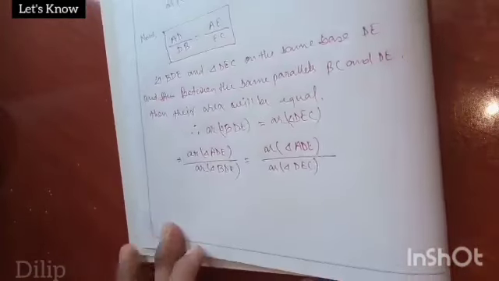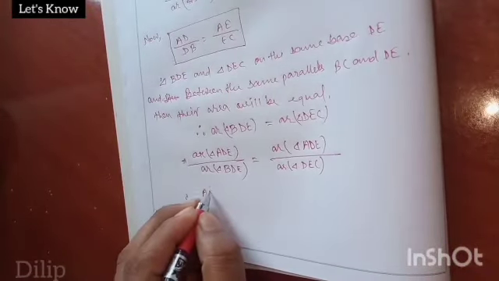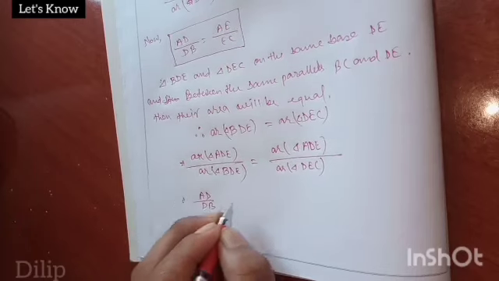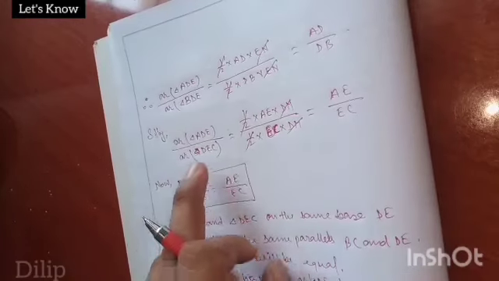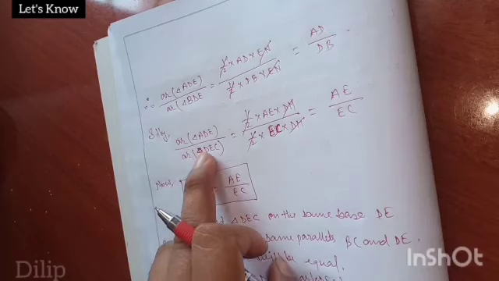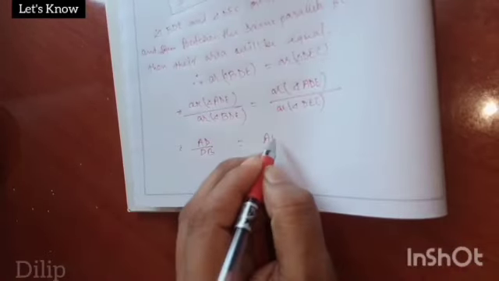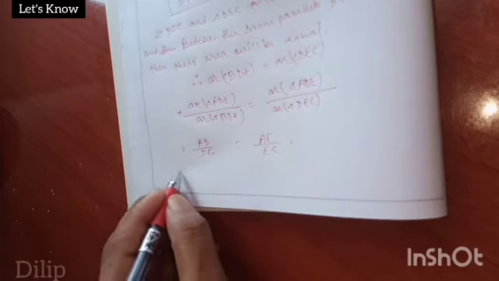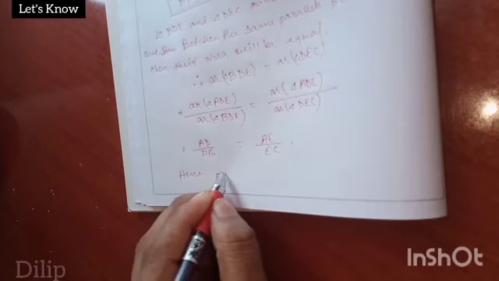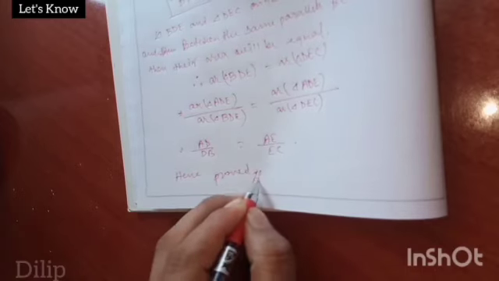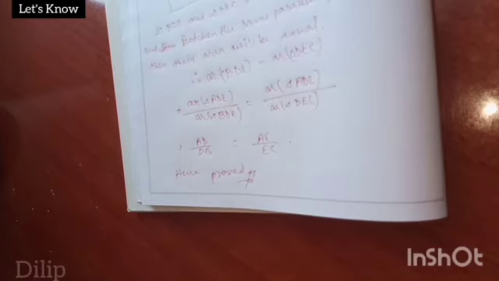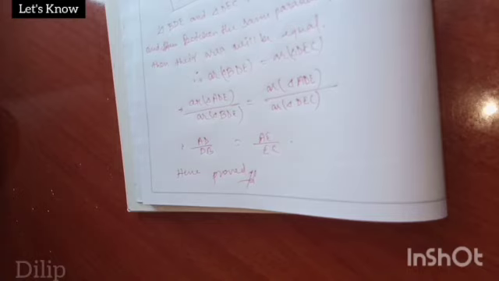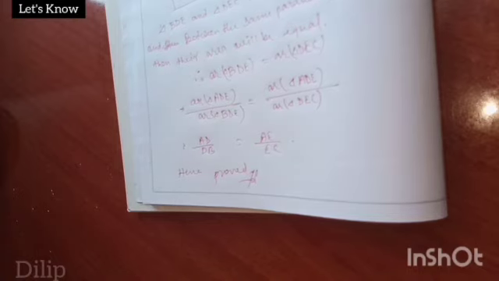So you write now AD by DB, and for this one, ADE by DEC, we have got AE by EC. Hence proved, what we needed. We got it. Okay, right, guys? Understood? Okay, very good.